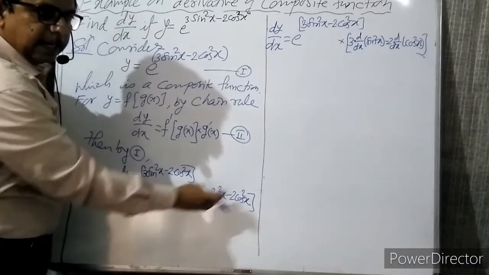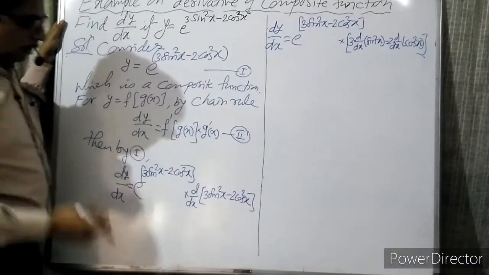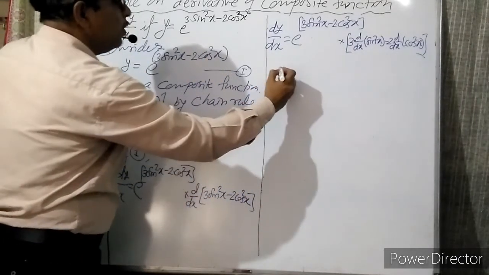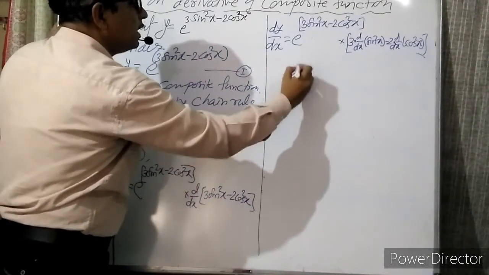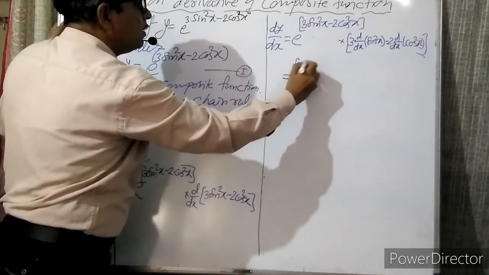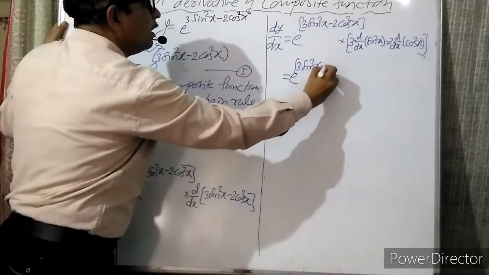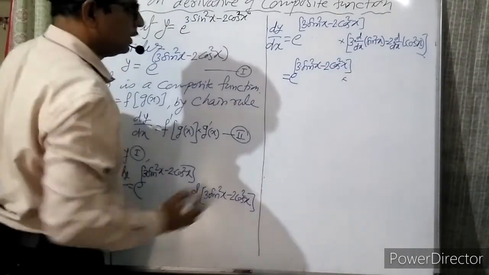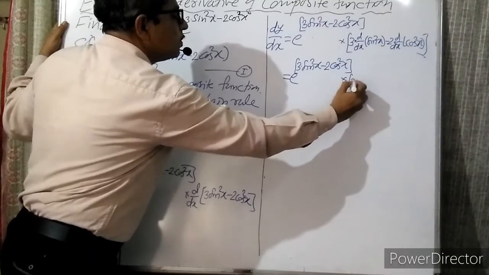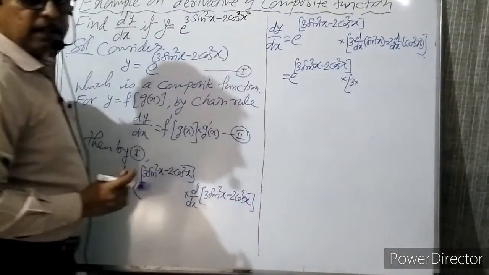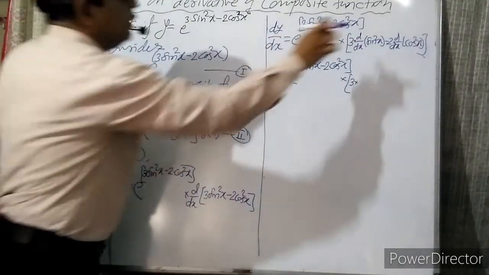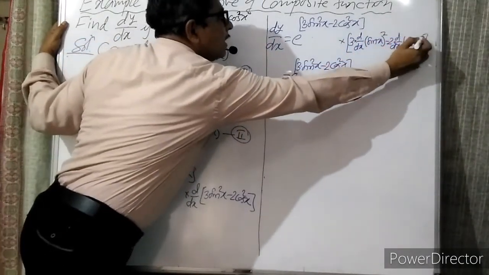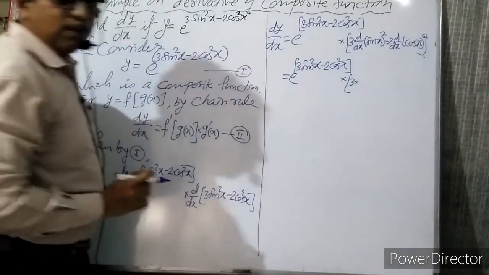So we have used the derivative of difference equal to difference of derivatives, and also we have taken the constant multiple outside the derivative, which is equal to e raised to, no change in this term, 3 sine square x minus 2 cos square x into, this is 3, and here this is sin x bracket square. One may write this sin square x as sin x bracket square, and this cos square x is cos x bracket square. So these are the composite.